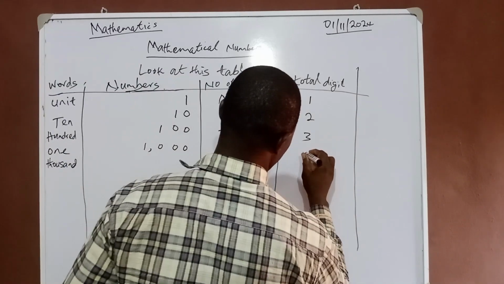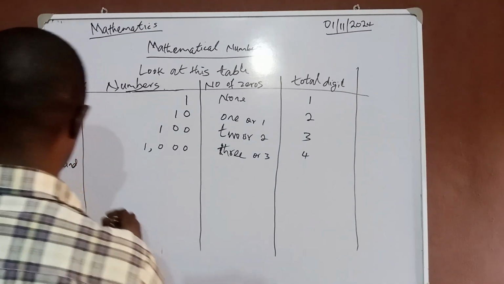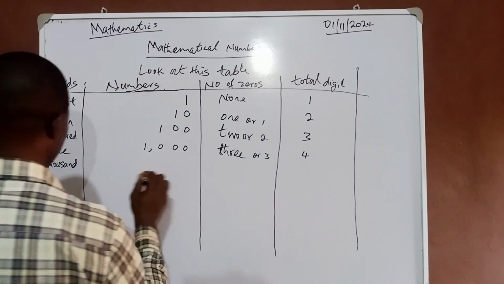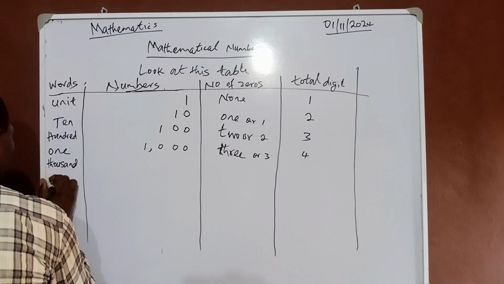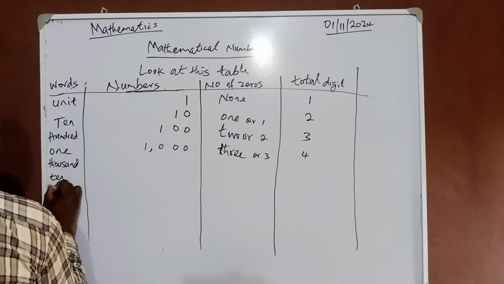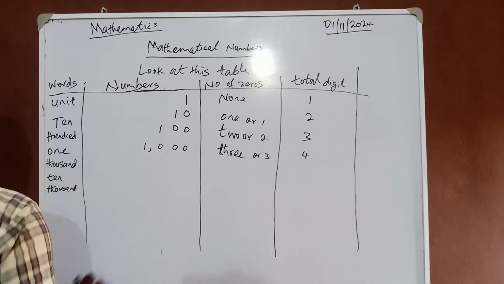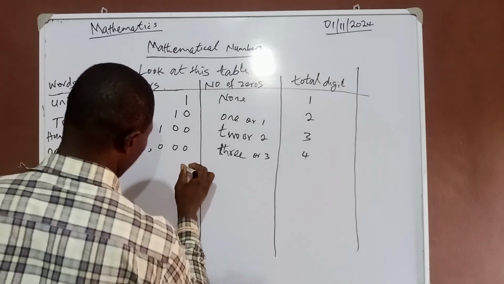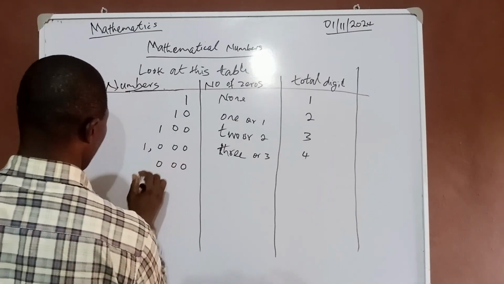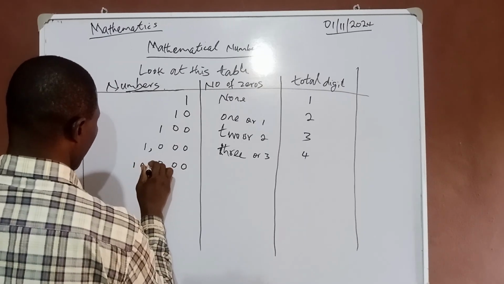We have 4 digits. As we continue to increase in momentum, the next one we have here is 10,000. How do you write it? Write 1, 2, 3. This is the thousand. Then the 10, 0, 1. Put your comma here.